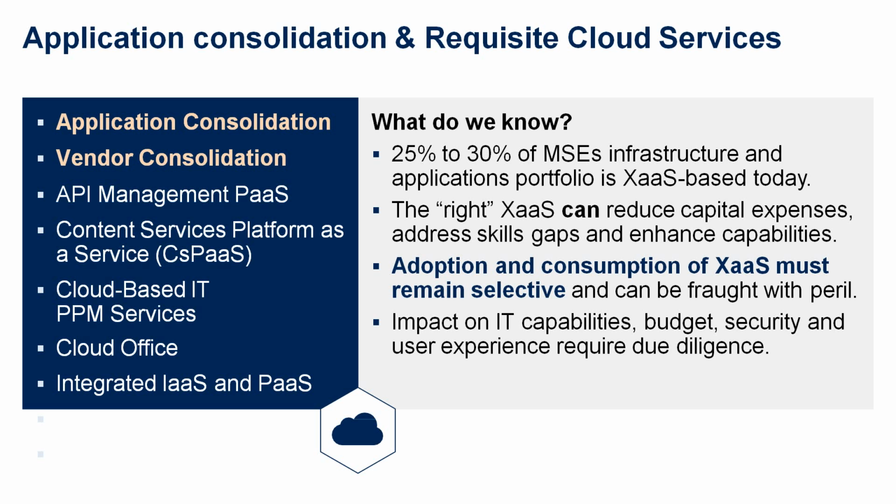And contents also is there. So cloud based IT PPM services, and disaster recovery, and integrated IaaS and PaaS. So there are a lot of things we need to look at. And there is something called XaaS, which means anything as a service.